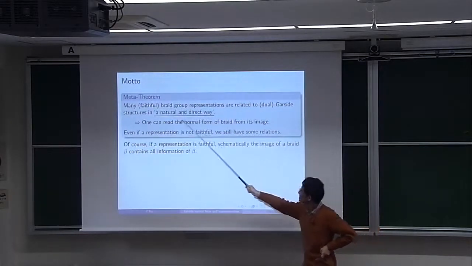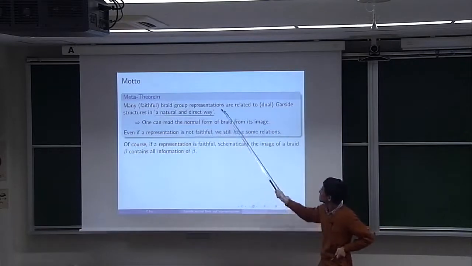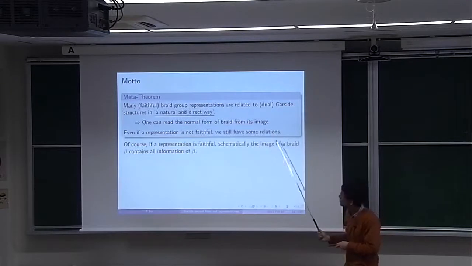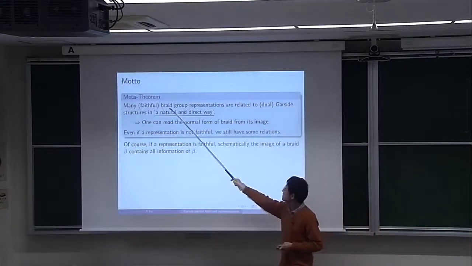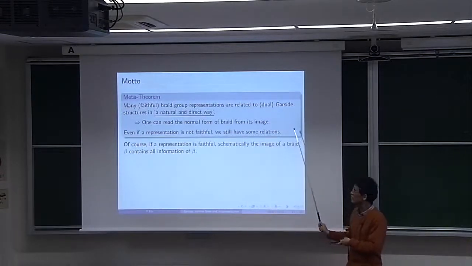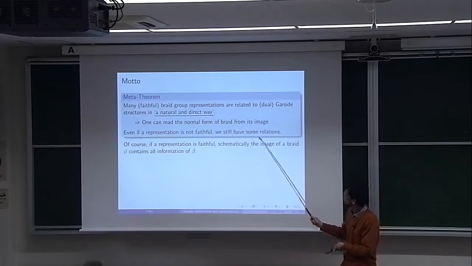I will explain what this means, but anyway, this means that we can read the normal form of a braid from the image of the representation. So even if a braid group representation is not faithful, we still have some relations, not complete, but in some cases, again, we can read the normal form of the braid.